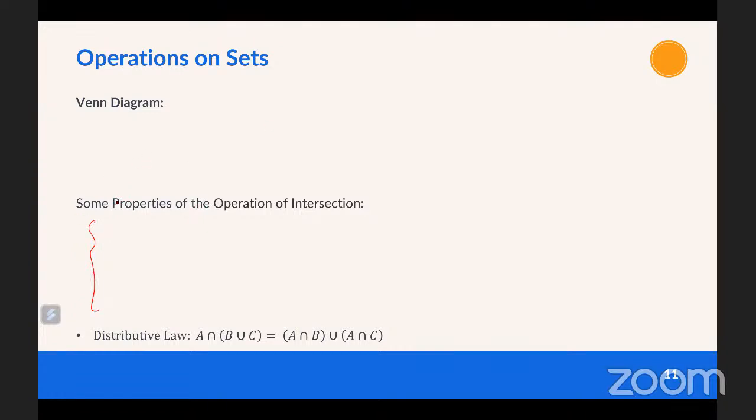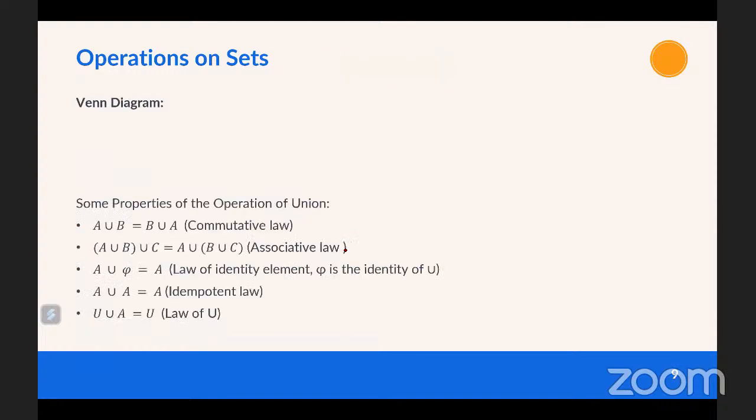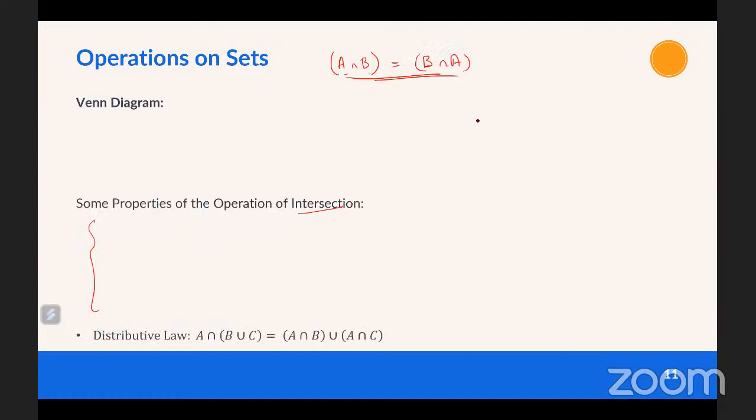So suppose we have the intersection operation between the set A and set B, A intersection B. If we perform A intersection B, it will be the same as the operation B intersection A. This is known as the commutative property of intersection.